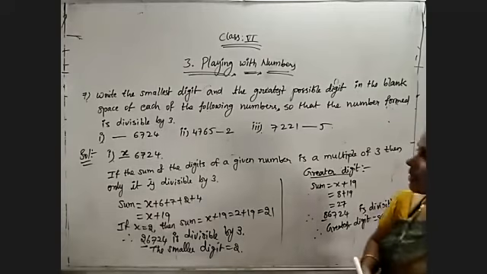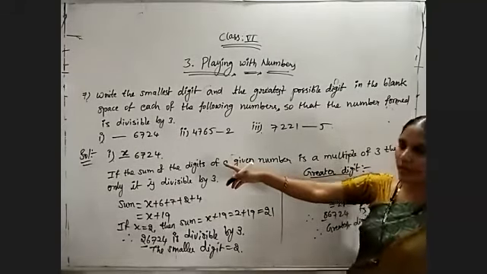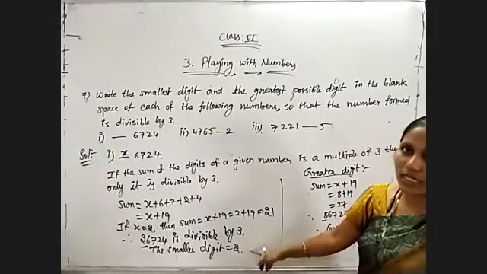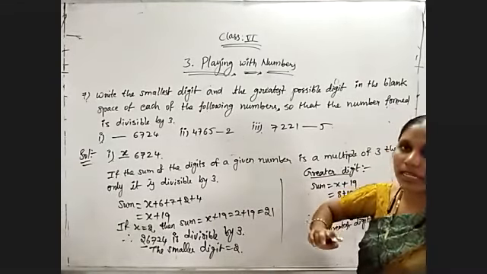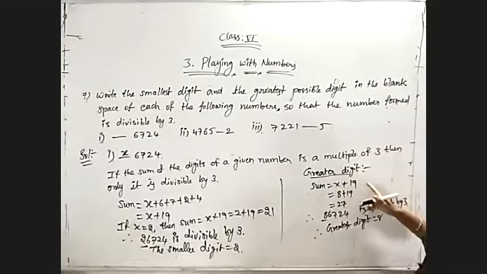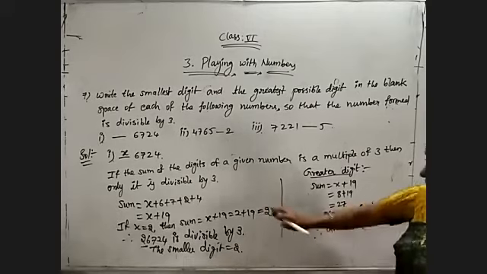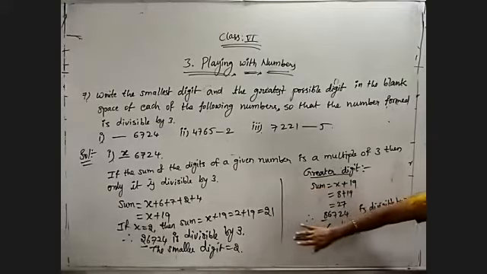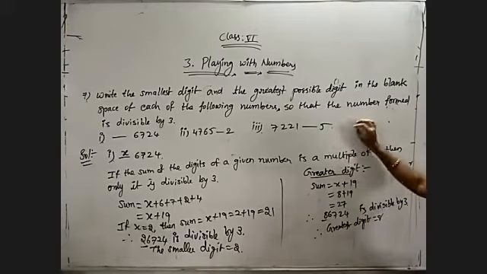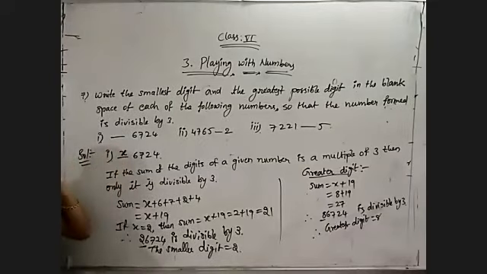By replacing the blank with 2, the smaller digit, the number is divisible by 3. And by replacing the blank with 8, that number is divisible by 3. So this much we need not write. Simply I have explained for your understanding. For the greater digit, we come from 9, 8, 7 like that.